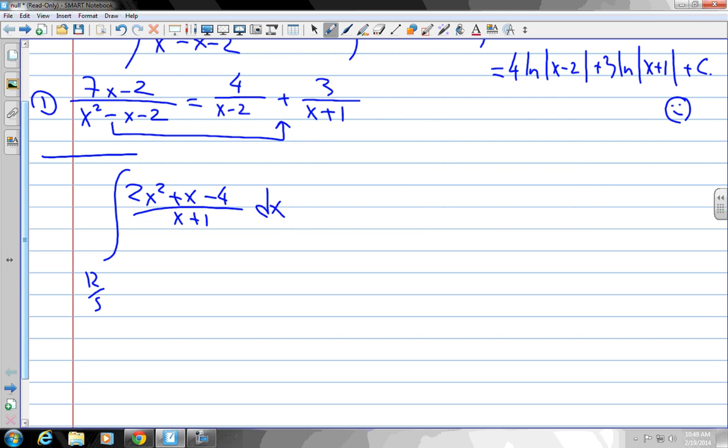You divide. 5 goes into 12 twice, and then whatever the remainder is, so it's plus 2/5. We'll have to do the same thing here. We have to actually divide that numerator by the denominator algebraically, and then see what the remainder is.